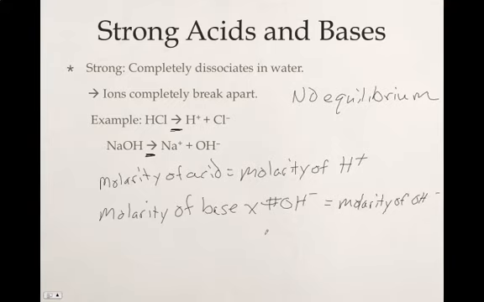So then you just plug these into your pH equations, and you can find your pH or your pOH, and it's pretty easy, just like we did in our pH pOH homework.